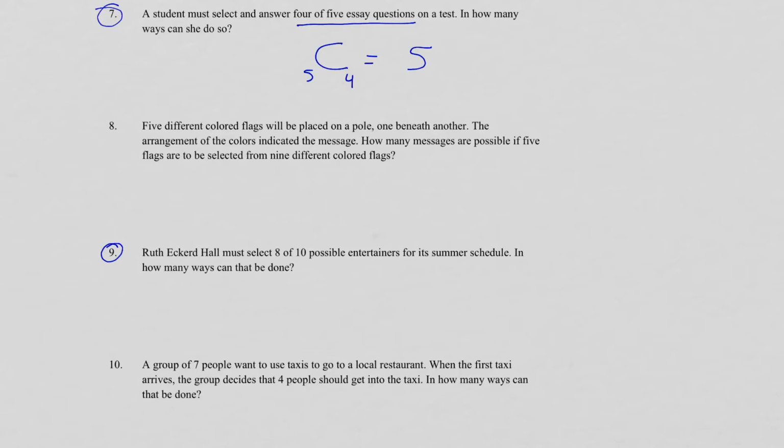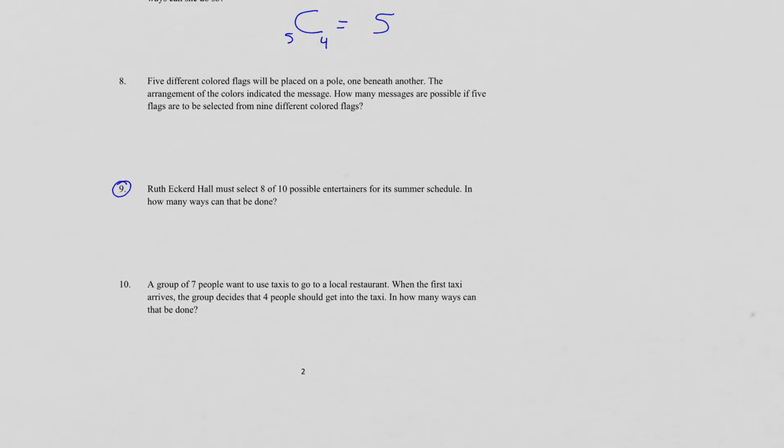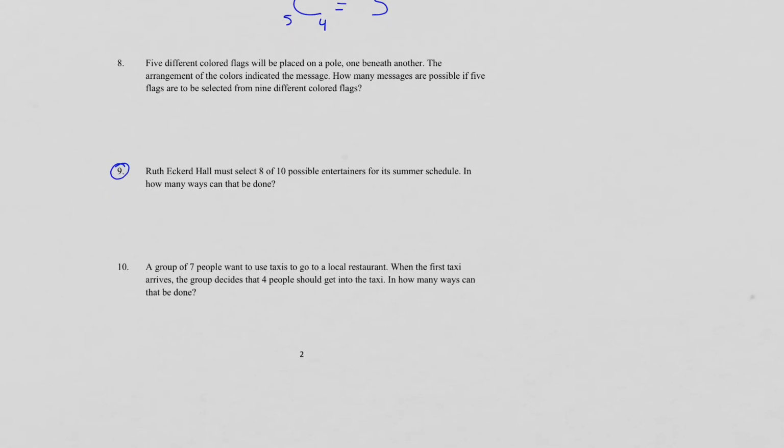All right. So number 9. Ruth Eckert Hall must select 8 out of 10 possible entertainers for the summer schedule. So always put the bigger number on the left.